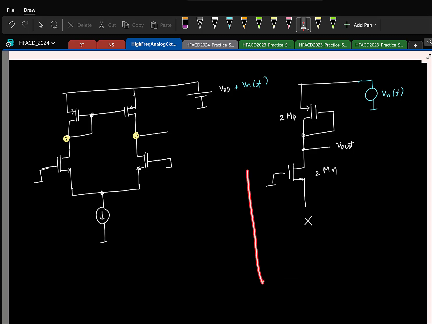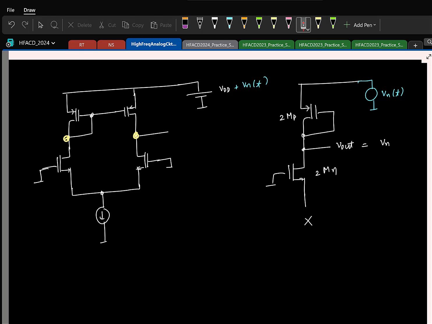What is the resistance of this block? Infinite, it's open. So if it's an infinite resistance, everything is going to drop across it. So this will be equal to Vn. So which means that if I make any change to the supply here, that is directly going to couple to the output.